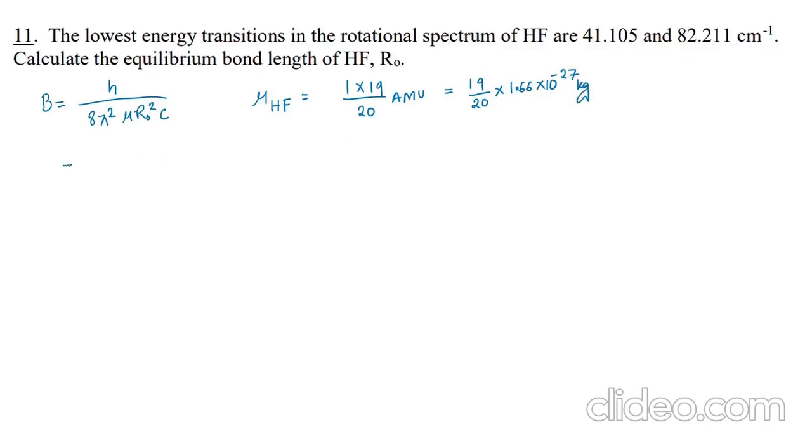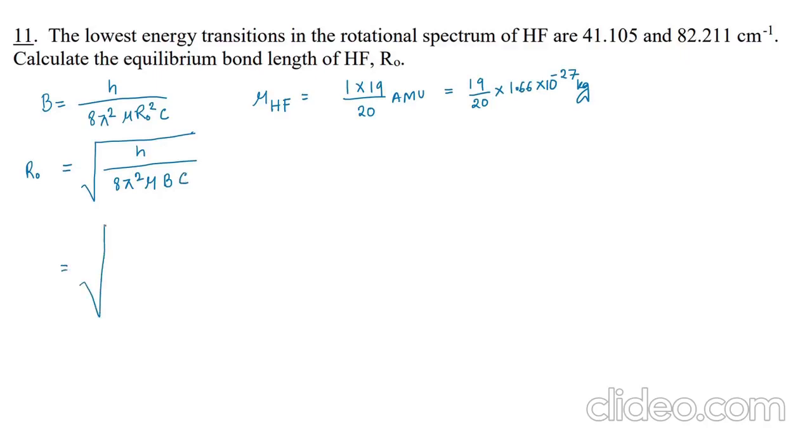Now if I need to calculate R0, I will need to take the square root of h by 8 pi square mu B c, right?